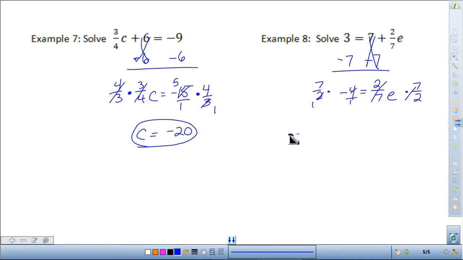So 2 divided by 2 would be 1. -4 divided by 2 would be -2. From there, we'll go ahead and multiply straight across. So 7 times -2 would be -14. 1 times 1 is 1. So we have -14 equals e. The last step will be using that symmetric property of equality to flip that around and say e equals -14.